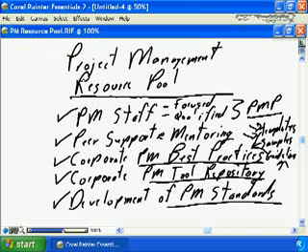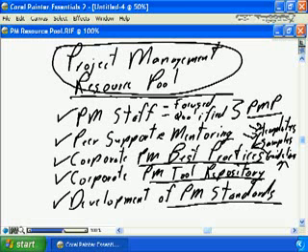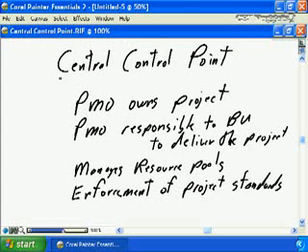The PMO, as the owner of the project management resource pool, ensures that we have project management best practices, a project management tool repository, and a set of project management standards that define how projects are delivered successfully in our organization.